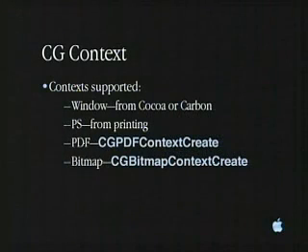As for the contexts that we support, if you're working on screen, you're working with Cocoa or Carbon, and Cocoa and Carbon will create a context for you. On the Cocoa side, you've got an NSView that you can get the graphics context for. On the Carbon side, you're working with a QuickDraw port, and you can make a function call to get at the context for that port.